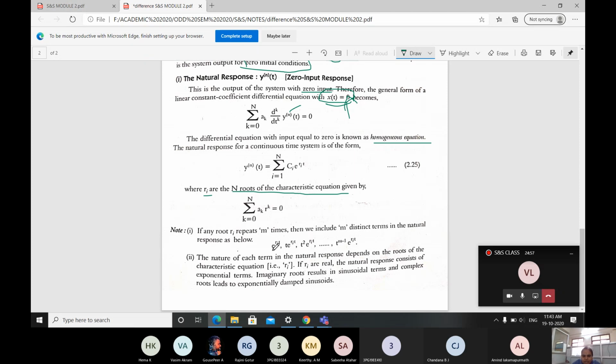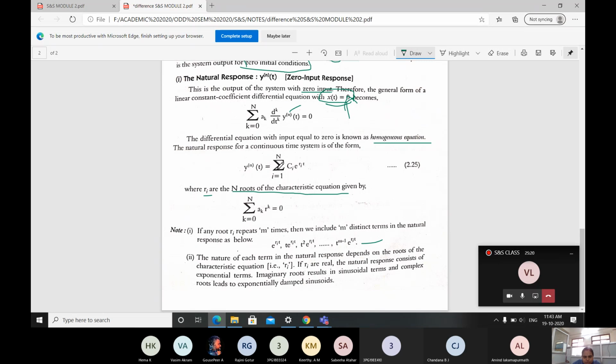That is taken as e^(r_i t); when it is repeated 2 times, then t e^(r_i t); if it is repeating 3 times, then t^2 e^(r_i t), and so on up to t^(m-1) e^(r_i t). This is how you have to write.